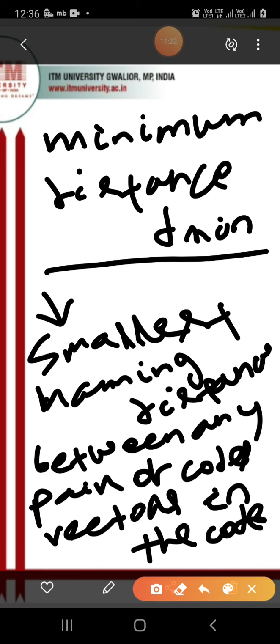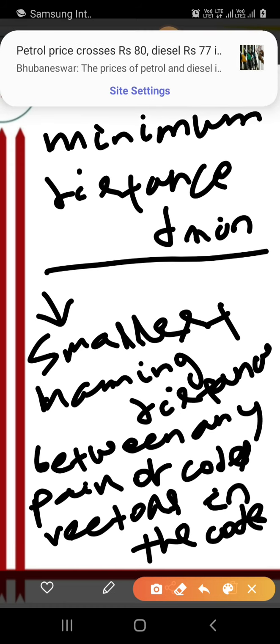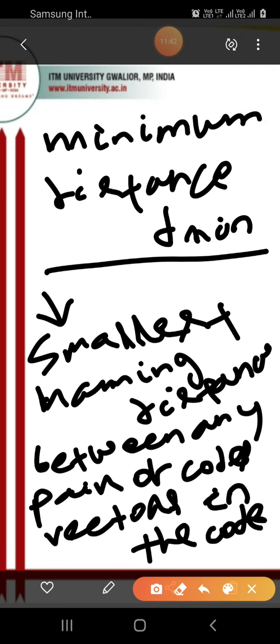Therefore the minimum distance is the same as the smallest Hamming weight of the difference between any pair of code vectors. It can be proved that the minimum distance of a linear block code is the smallest Hamming weight of the non-zero code vectors in the code.